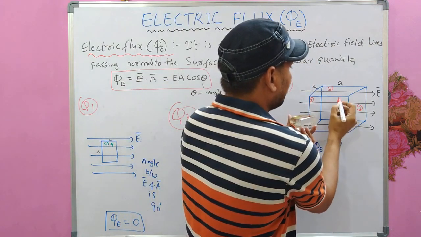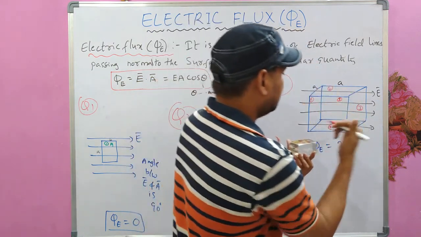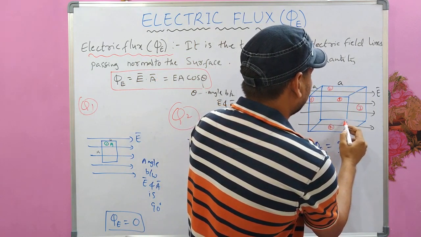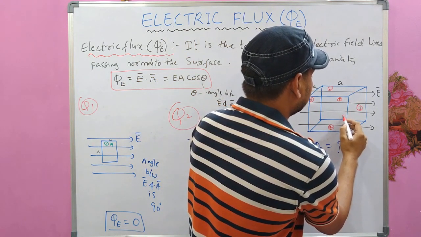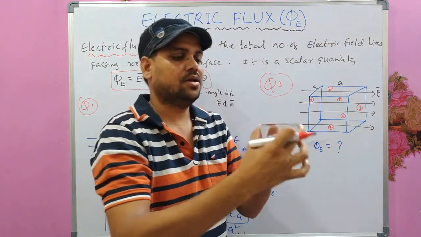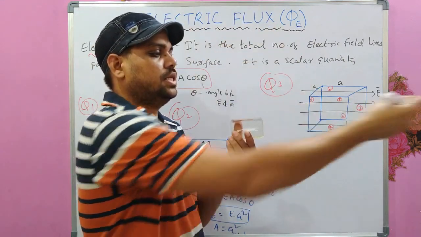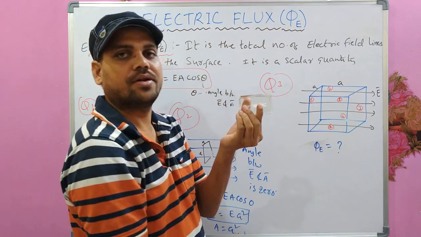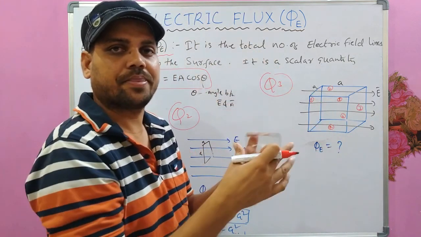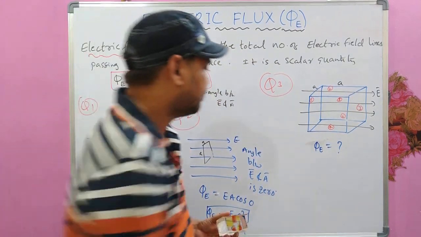I am taking this side as 5, and this side as 6. I can take any side. So 1, 2, 3, 4, this is 5, and this is 6. Now let us write phi E1.